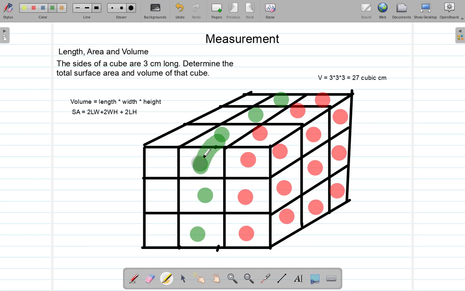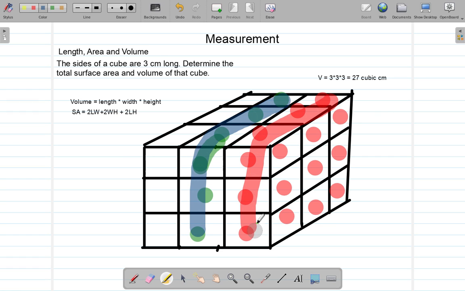So we have 9 cubes in the middle, 9 cubes on the right. Alright? So we have covered all these 9s to the right. Then we cover these 9s in the middle.